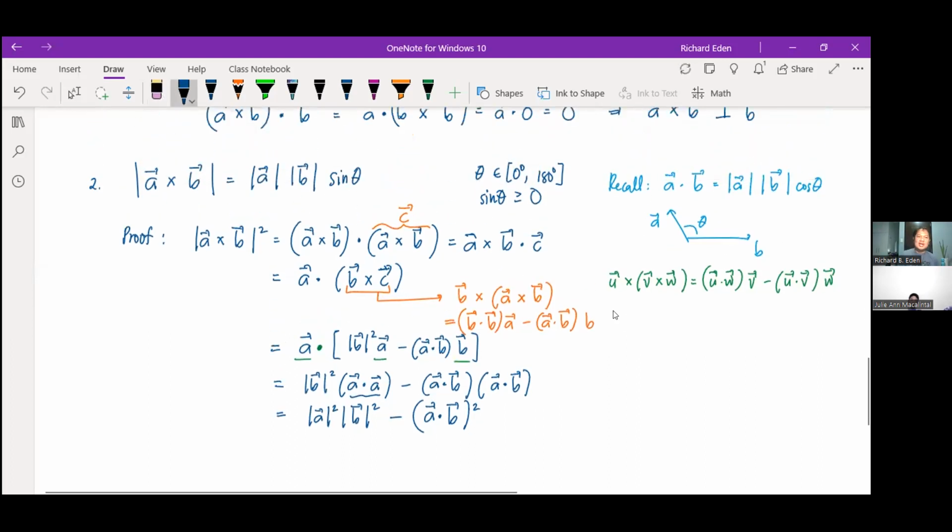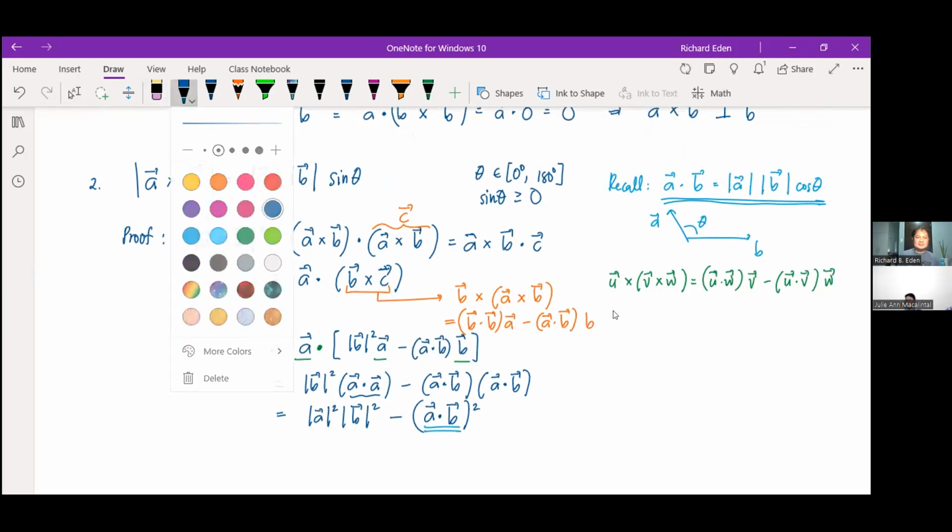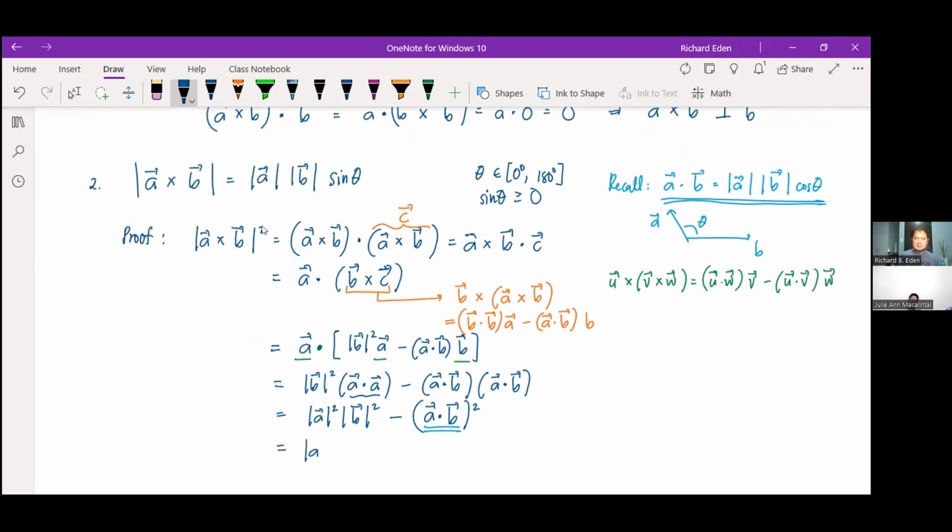Now, we are now going to use this, and make that replacement here. Minus, and then what are we squaring? In blue, so the length of A times the length of B multiplied by cosine theta.